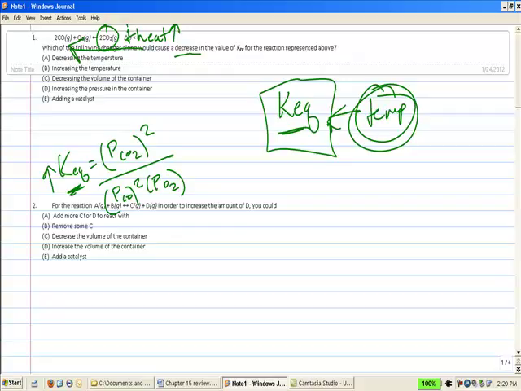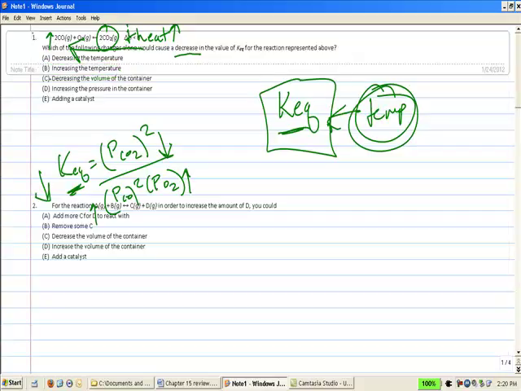So therefore our products would go down, our reactants would go up, both of them. If the numerator goes down and the denominator goes up, then your value goes down. So that would cause KEQ to decrease. So that should be our correct answer.